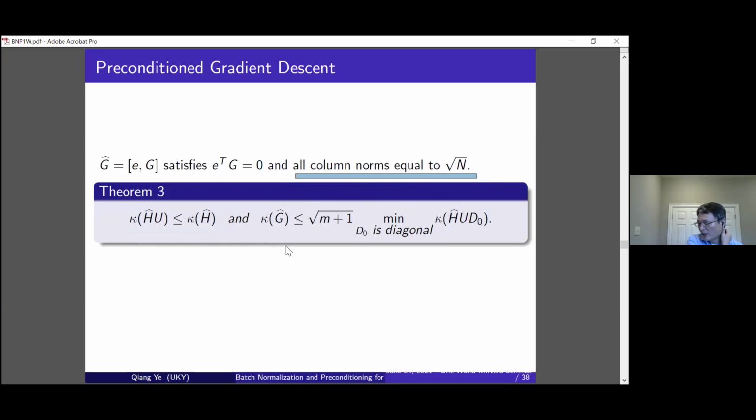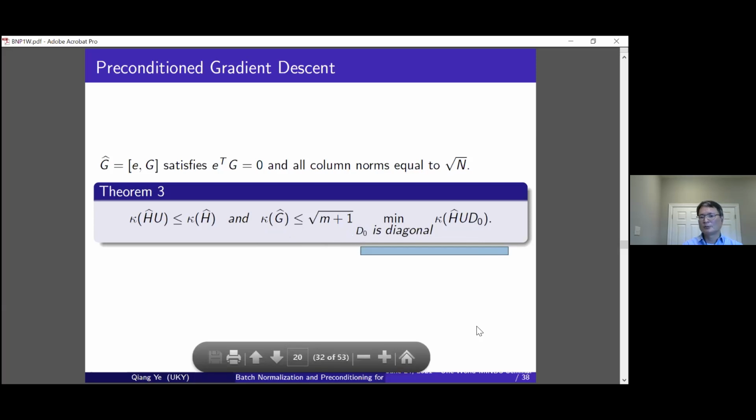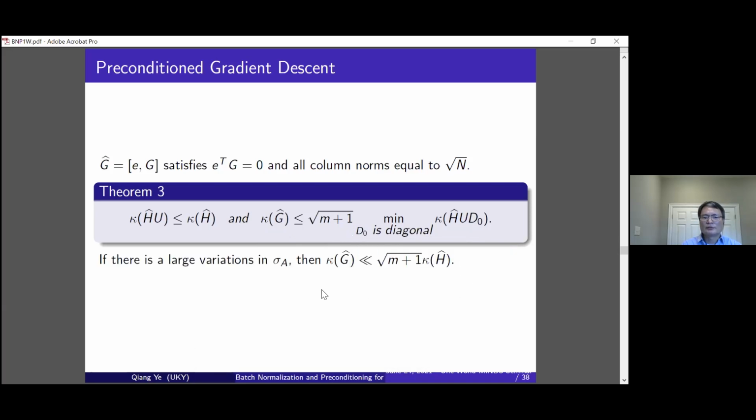Now, if you scale all the columns of a matrix to have the same norm, then by a theorem of Van der Sluis, the condition number of the matrix is within a small factor of the optimal diagonal scaling. So it's within this factor of the minimum of the condition number under diagonal scaling of the H hat. In other words, if I have an H hat U that has a large variance among the different entries of sigma A, which is a vector, remember that, then H hat U will be badly scaled, so it will be ill conditioned.